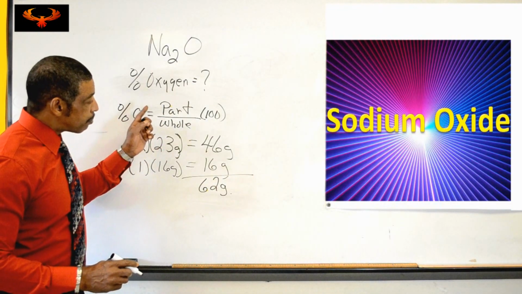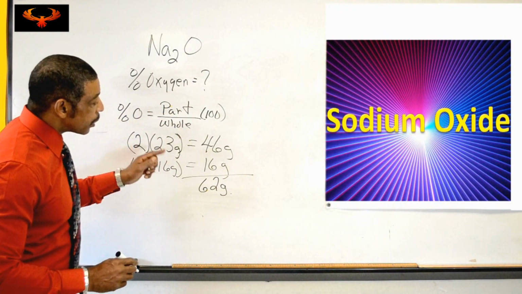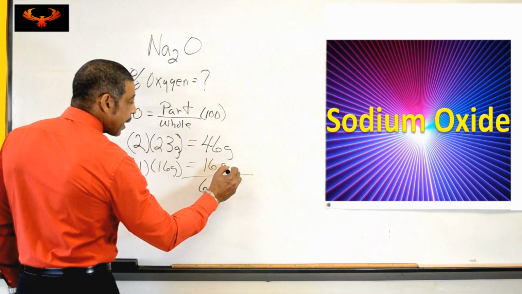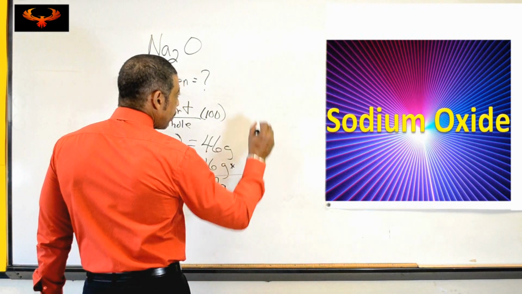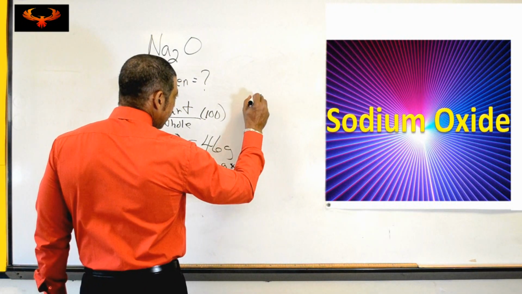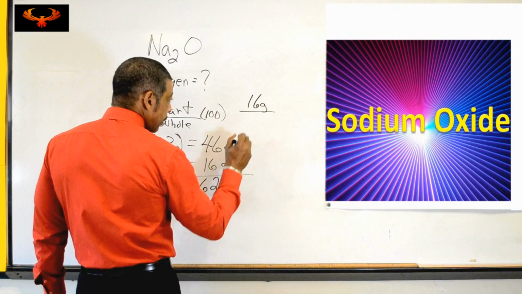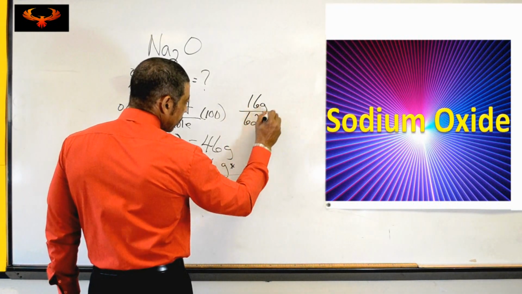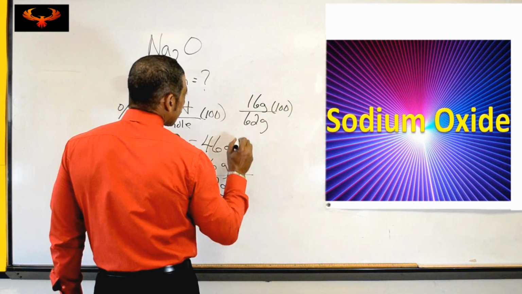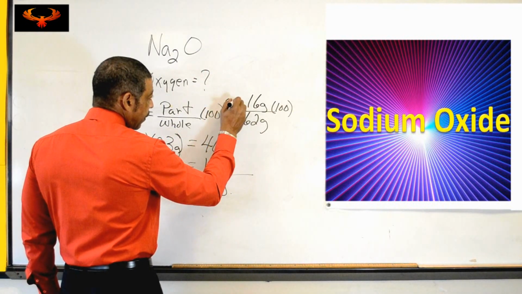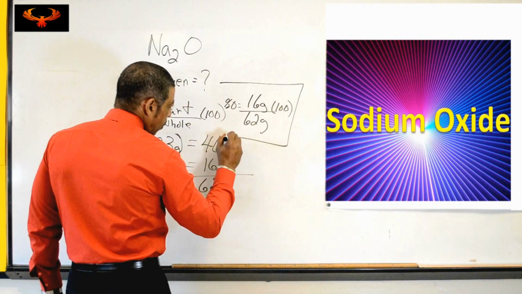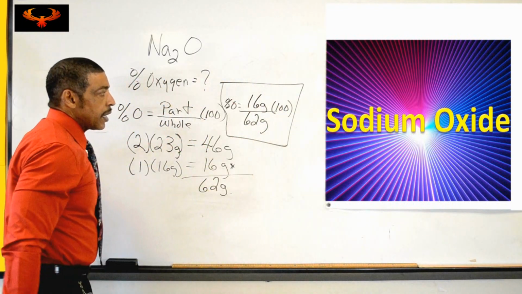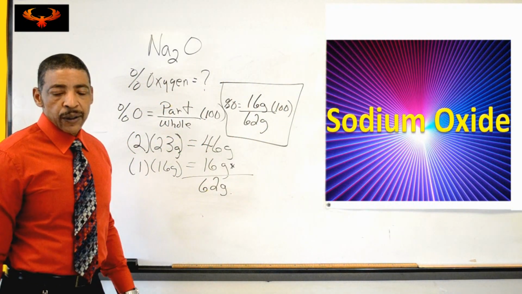What about the part? Well, the part will be the mass of the oxygen. So to complete the calculation, we simply divide 16 grams by 62 grams times 100. Of course, this is percent of oxygen. All right, now what we have here on the New York State Regents exam is called a numerical setup.